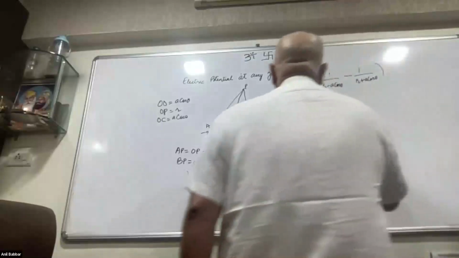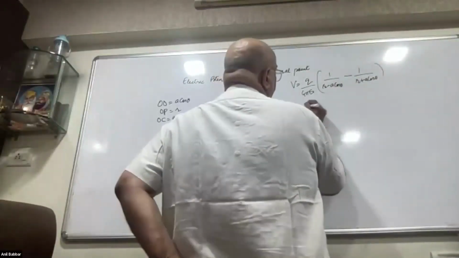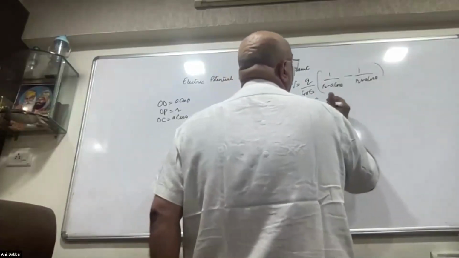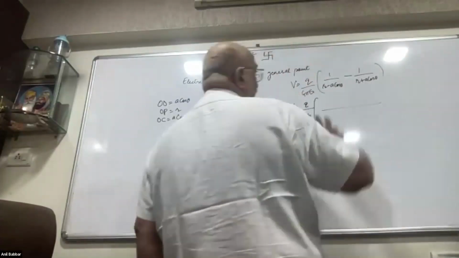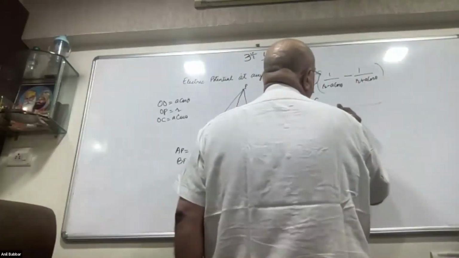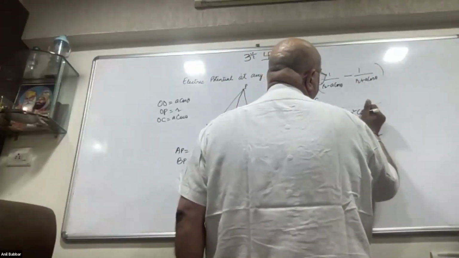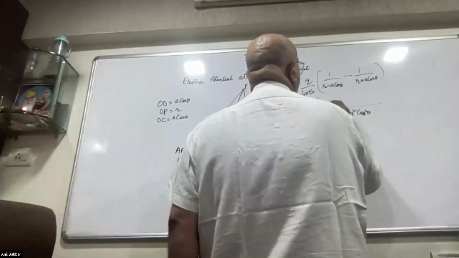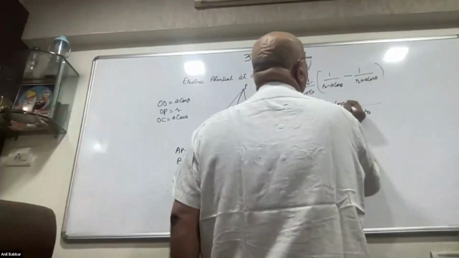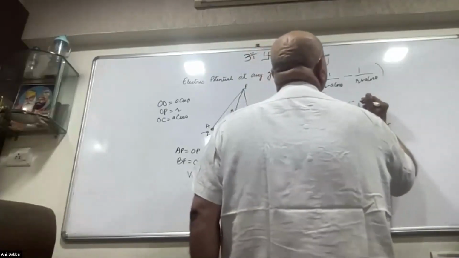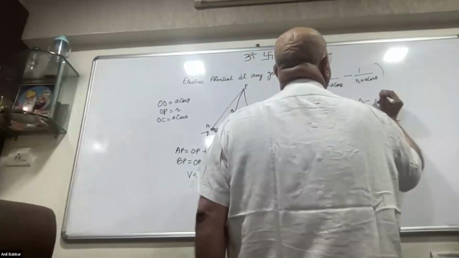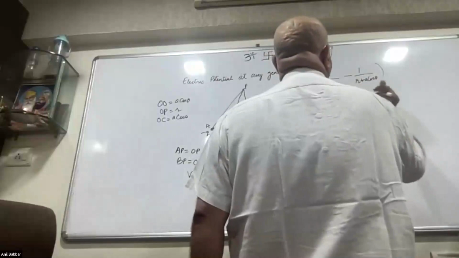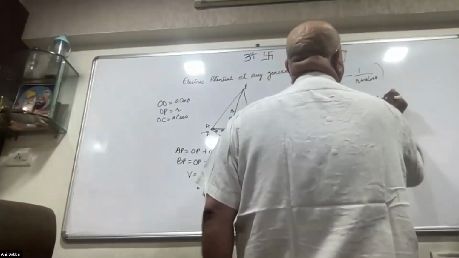Now let's solve it. We have V is equal to Q upon 1 by 4 pi epsilon naught, so this will be R square minus A square cos square theta, we have R plus A cos theta minus R minus A cos theta.